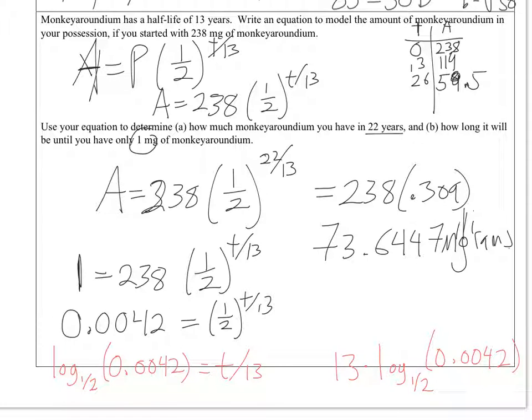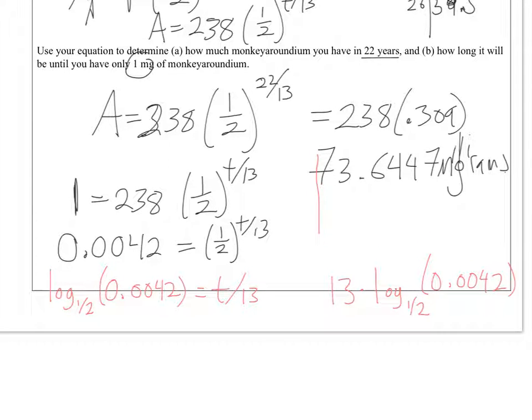And if I were to do this out as a decimal, if you're curious, we have 13 times log of 0.0042 divided by log of 0.5, equals. It would be about 102.6 years. Which again, if you give me this answer, 100% correct, 102.64 years.